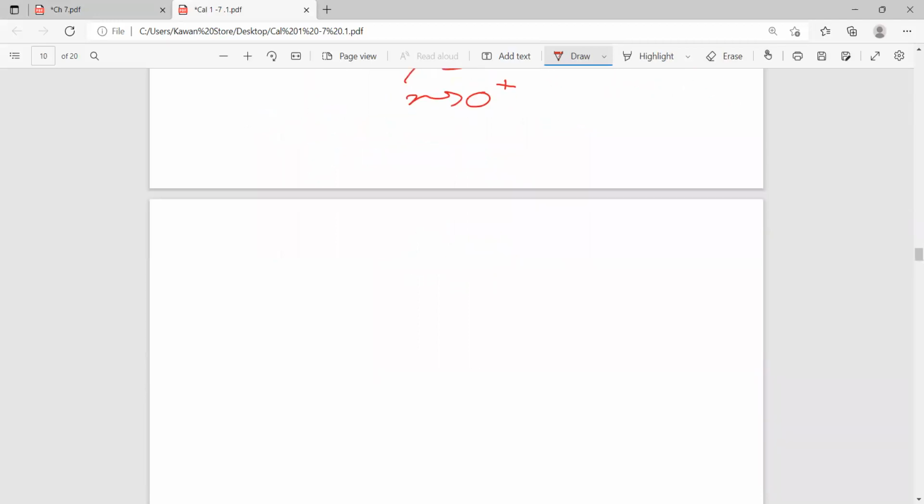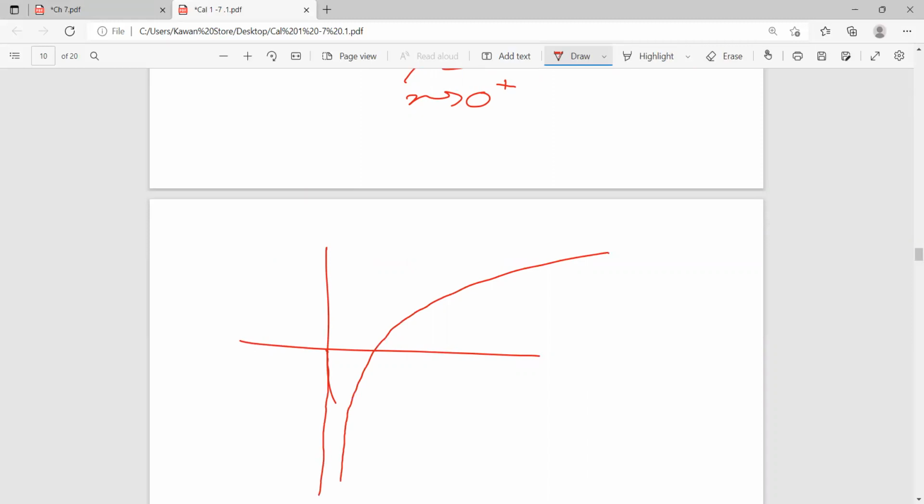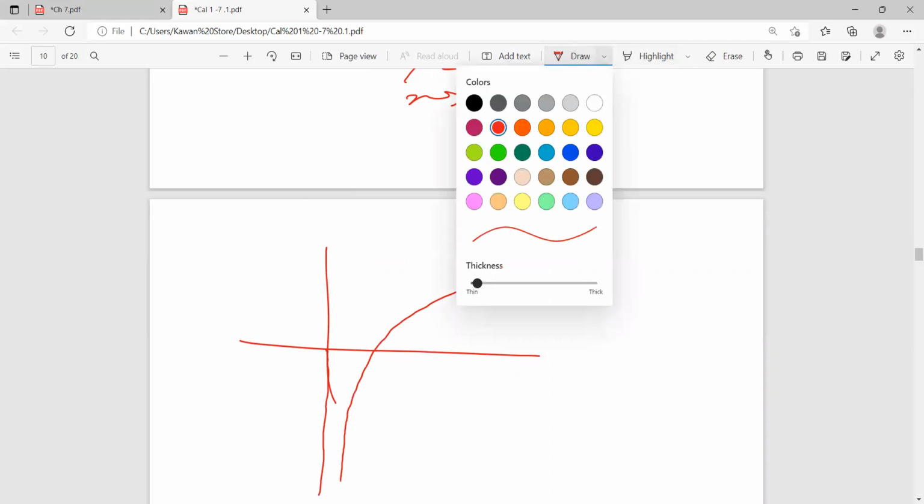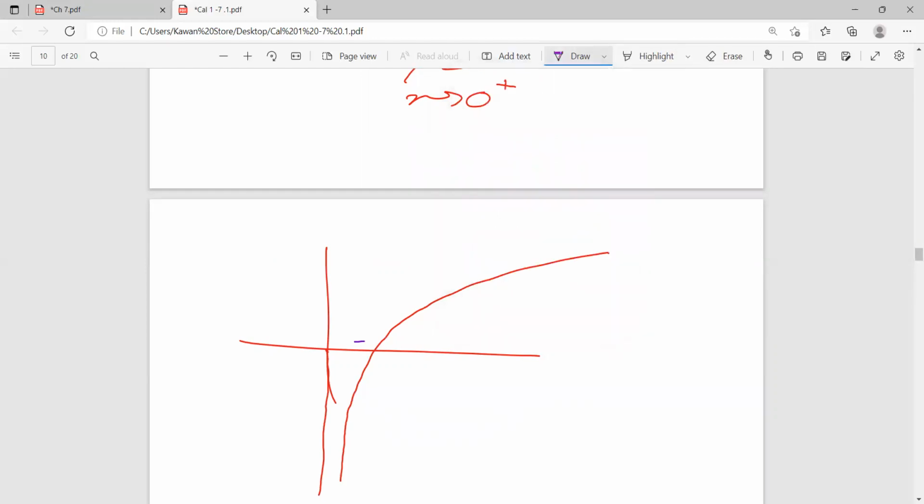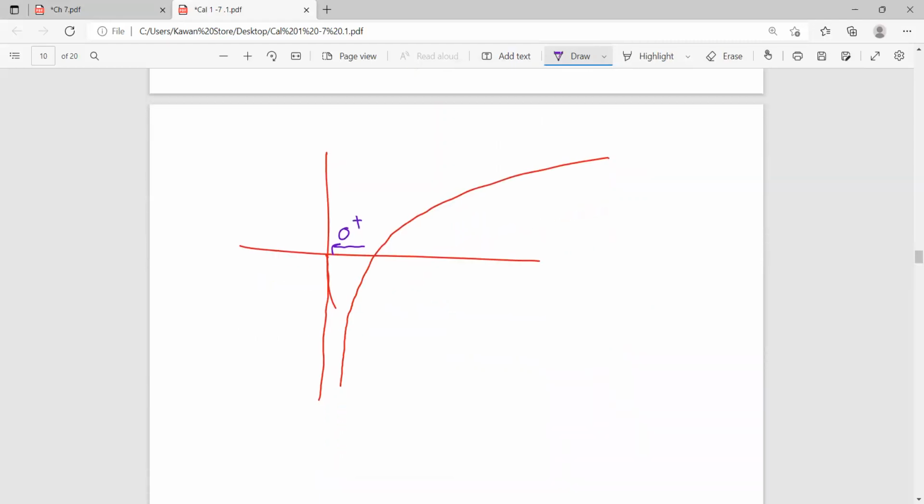So when x approaches 0 from the positive part, or right side, tell me about the graph. Where is it? Minus infinity.